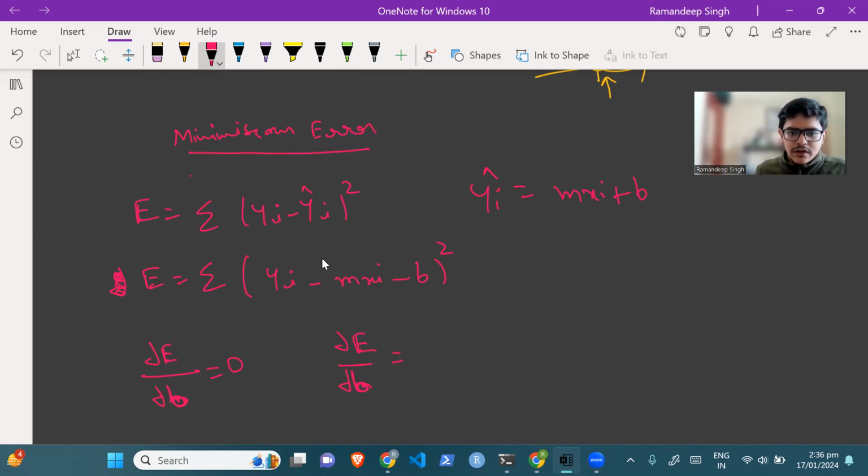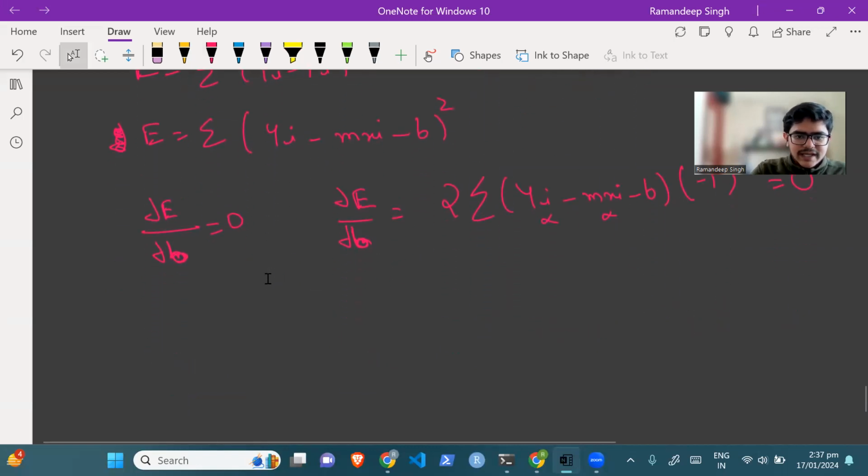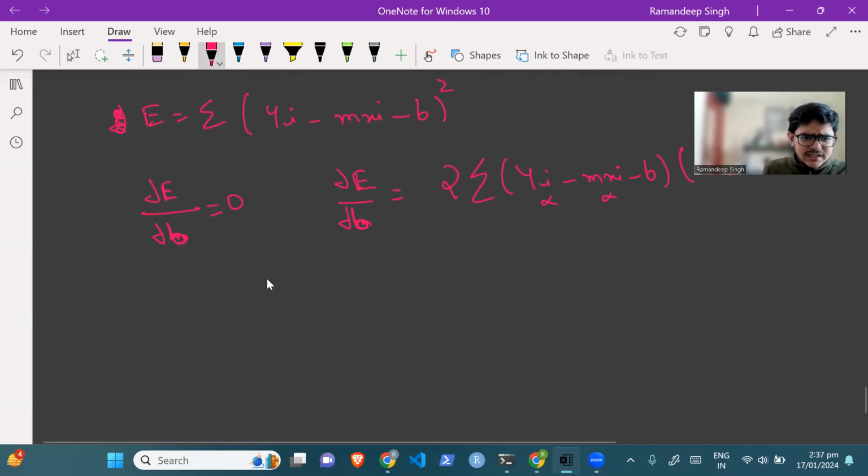So the partial differentiation would be like this: 2 summation yi minus mxi minus b multiplied by, since m will be constant and this term will be constant, we will get minus 1, and this whole is equal to 0. So I can write it as summation yi minus mxi minus b equal to 0, since I take minus 2 outside and equate it to 0.